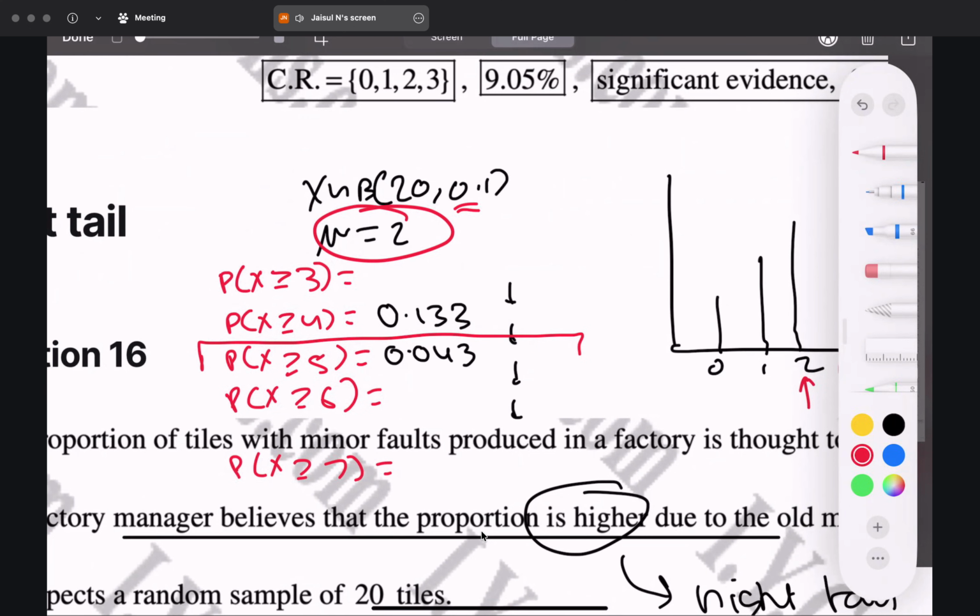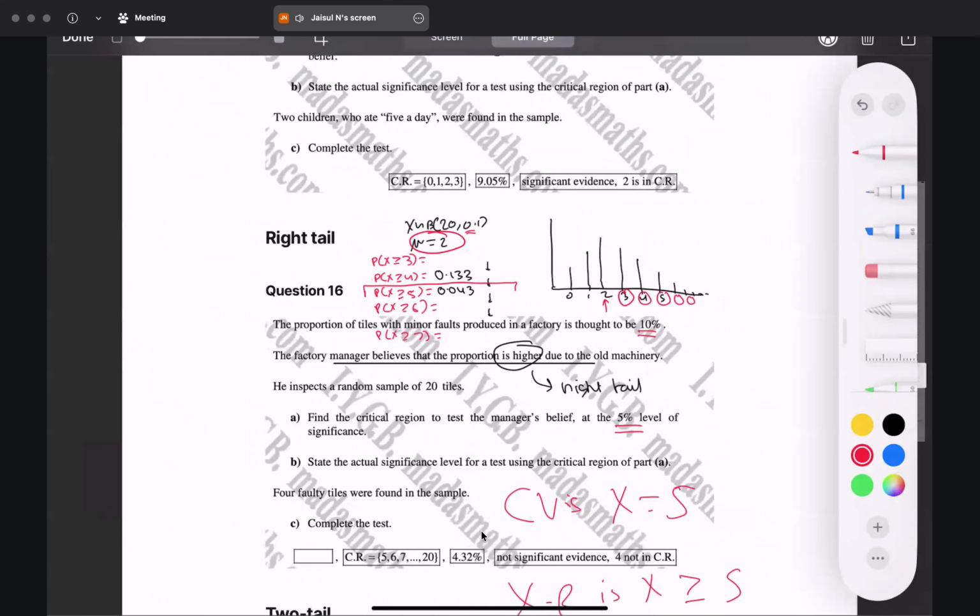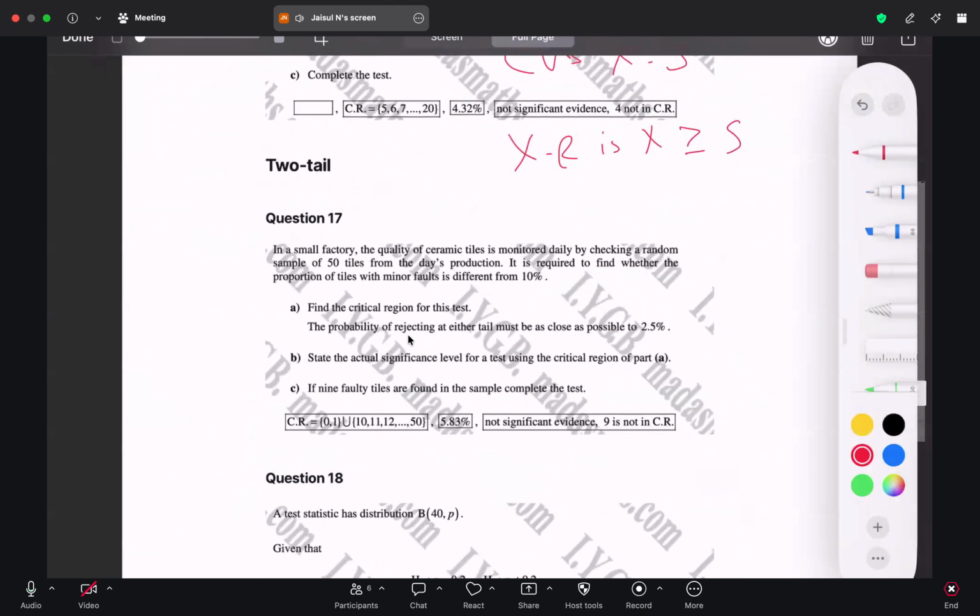So we just need to check by comparing it to 0.05. And when it's lower than 0.05, we reject H0.